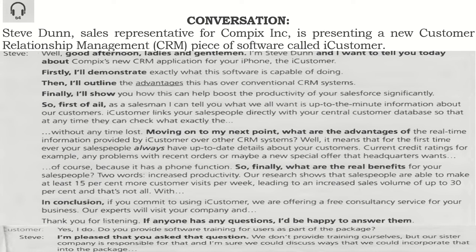What are the advantages of the real-time information provided by iCustomer over other CRM systems? Well, it means that for the first time ever, your salespeople always have up-to-date details about your customers. Current credit ratings, for example, any problems with recent orders, or maybe a new special offer that headquarters wants.